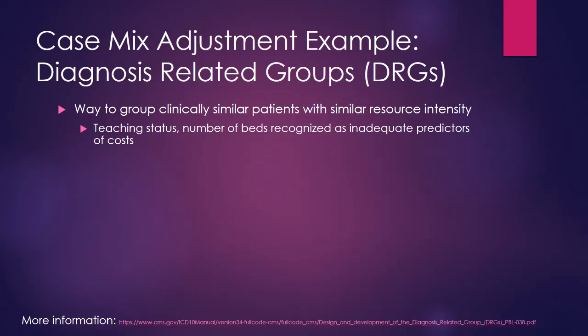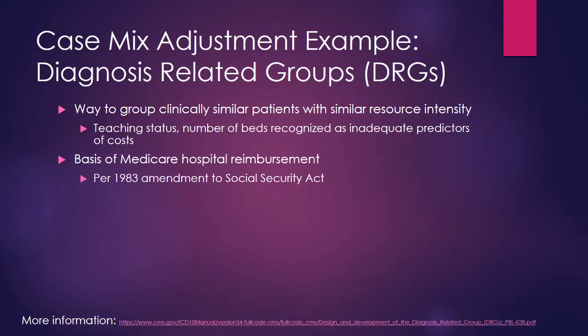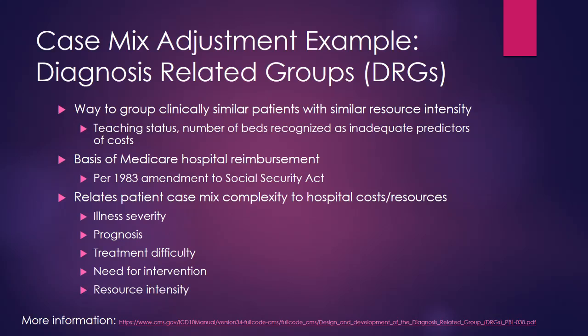Previously, things like the hospital's teaching status or the number of beds were used to predict costs, and they really were not sufficient. So in 1983, there was an amendment to the Social Security Act that made DRGs the basis of Medicare hospital reimbursement, and as a result, they've been used much more broadly since then.